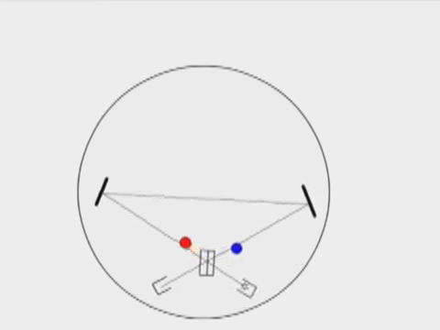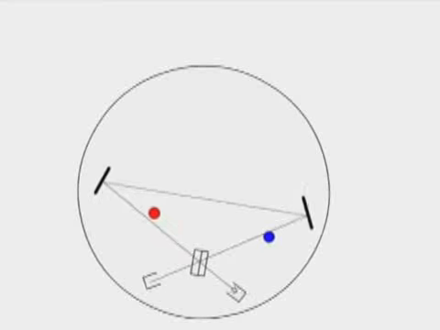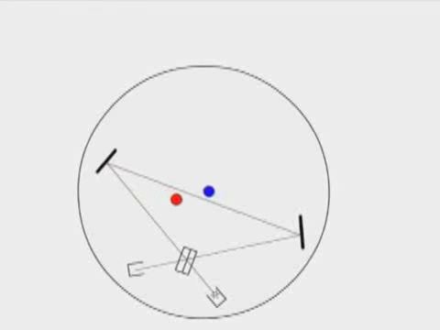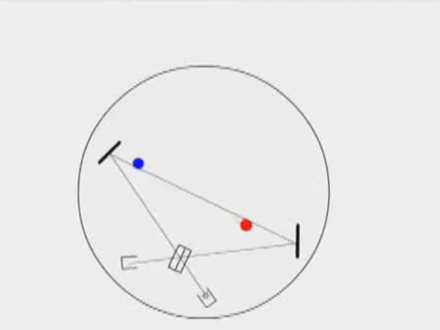The result is that the red light takes longer to reach the left-hand mirror. Similarly, the right-hand mirror is coming towards the blue light, so it reaches the mirror quicker. After they change ends, the red light again takes longer to reach the recombiner, whilst the blue light gets there quicker again.